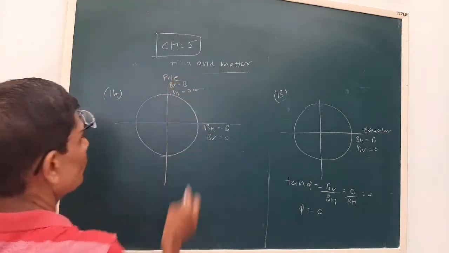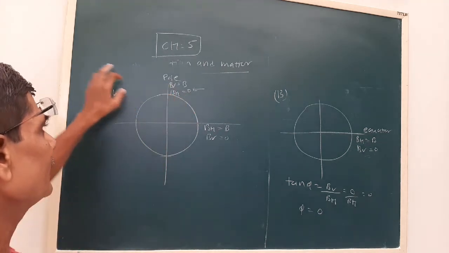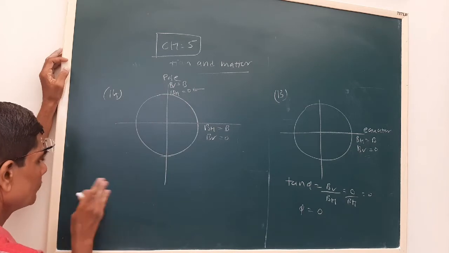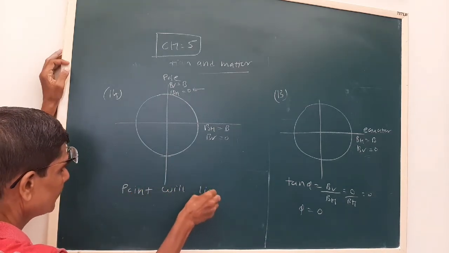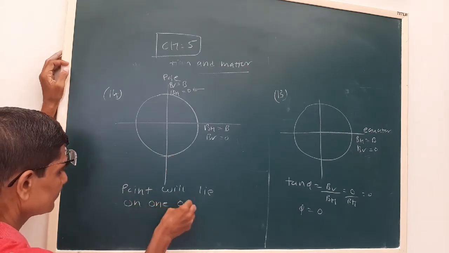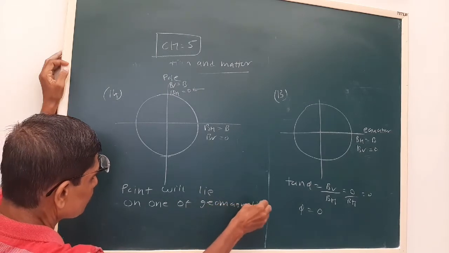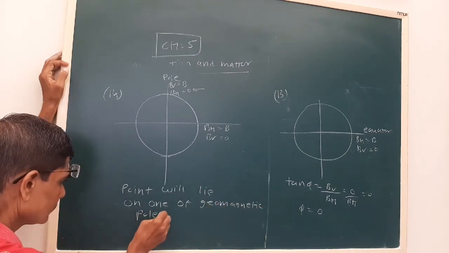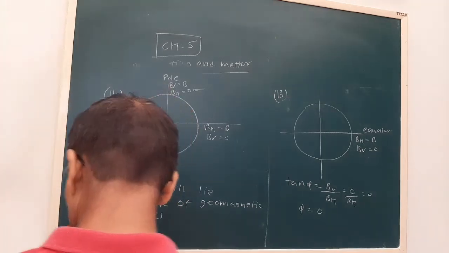This lies on the pole. So the place where the horizontal component is 0 will lie on one of the geomagnetic poles. Okay, so that is nothing but our MCQ number 14.